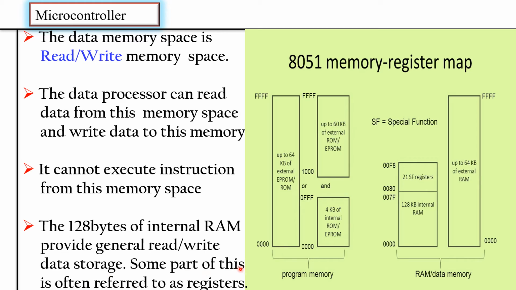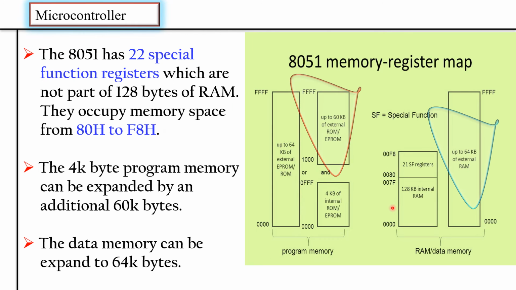Some part of this is often referred to as register. Clear? So the 128 byte of internal RAM, from 0000 to 007F, provide the general read write data storage.